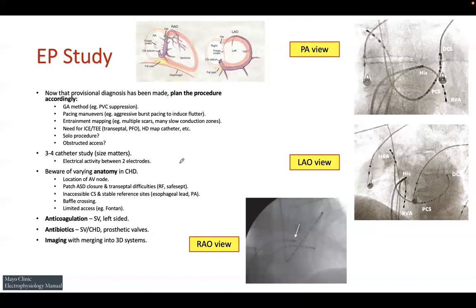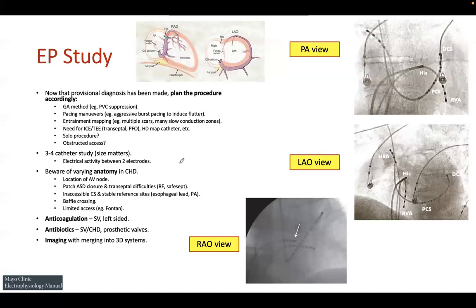Or you can place a lead in the pulmonary arteries that surround the atria, and you might sense the atrial signals in this position instead of the CS. Or you might place it in the high right atrium and so forth. But obviously you hate when that catheter moves, so it has to be in a stable place.